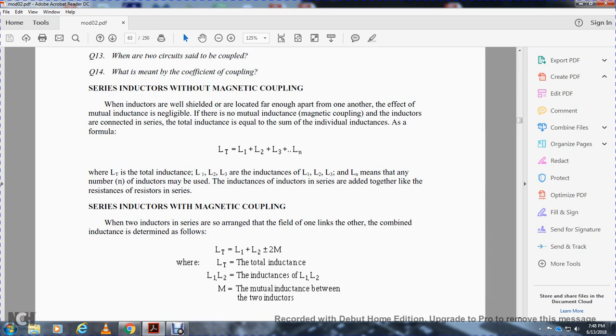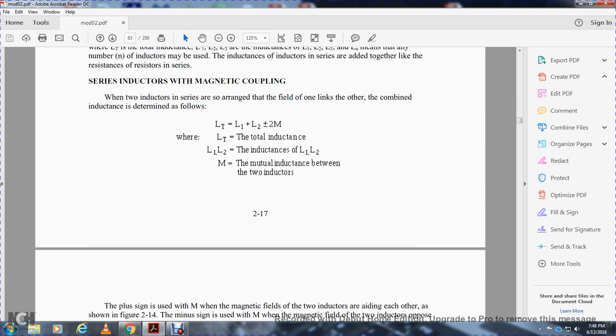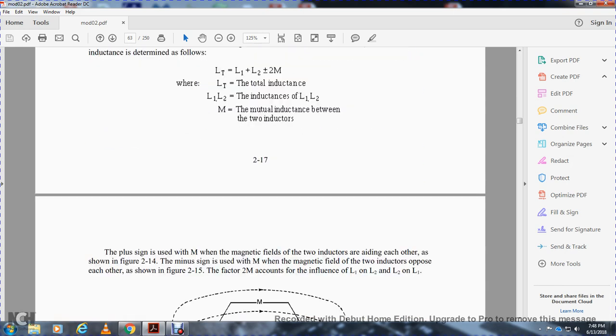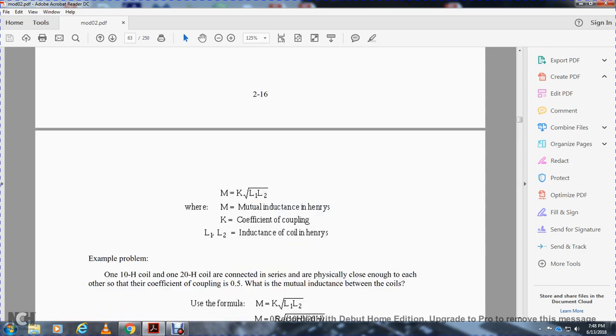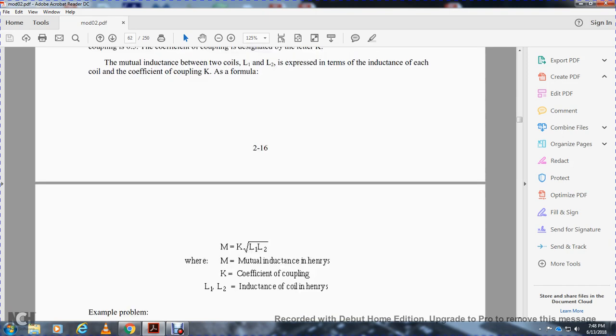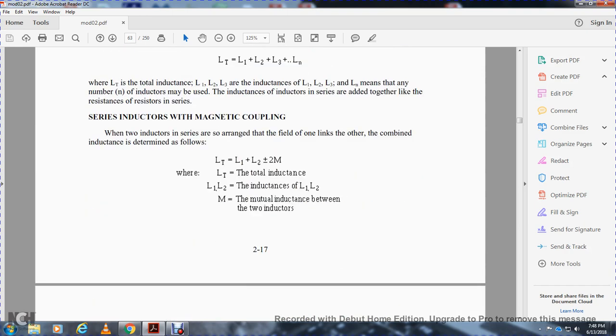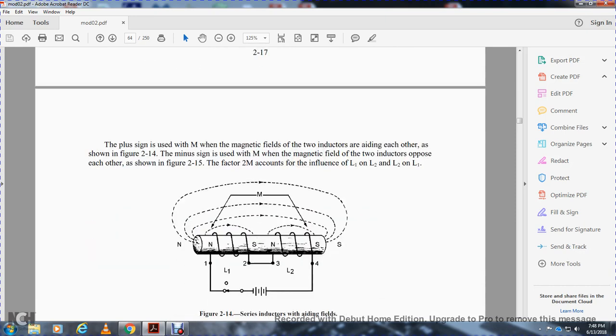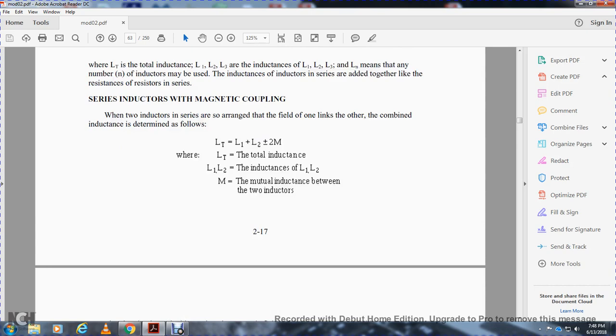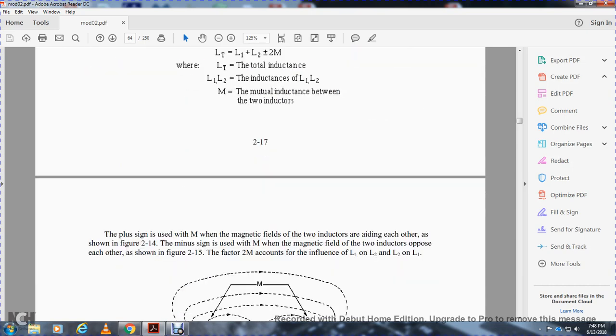Mutual inductance equals the coefficient of coupling times the square root of the product of the inductances. Use the plus sign when the magnetic fields of the two inductors aid each other, as shown in Figure 2-14.